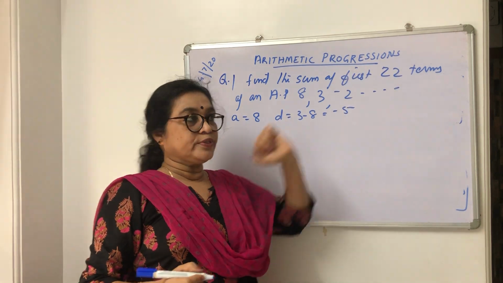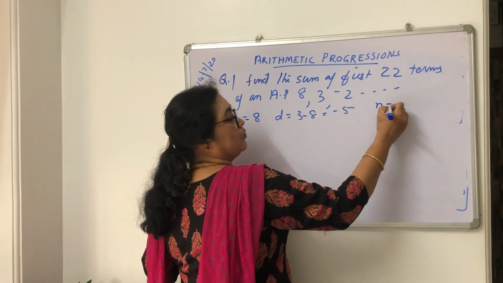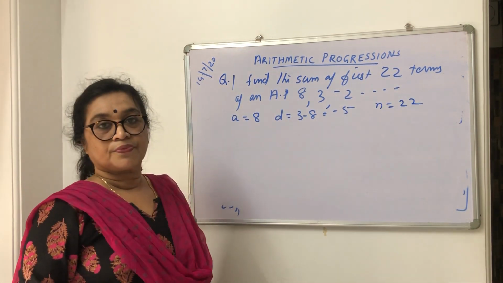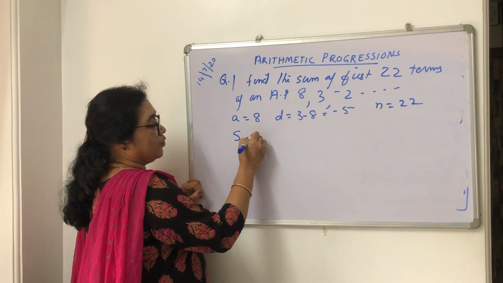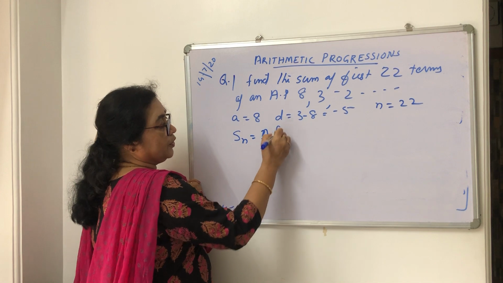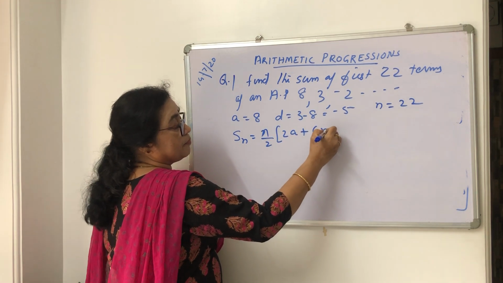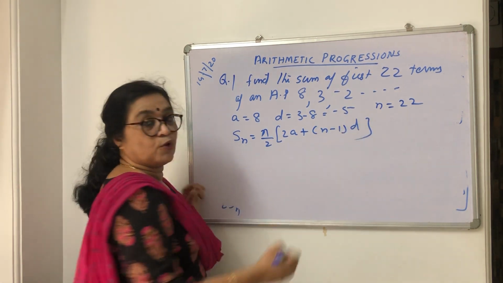We want the first 22 terms, so n is equal to 22. Sn equals n by 2 into 2a plus n minus 1 into d. This is the formula.